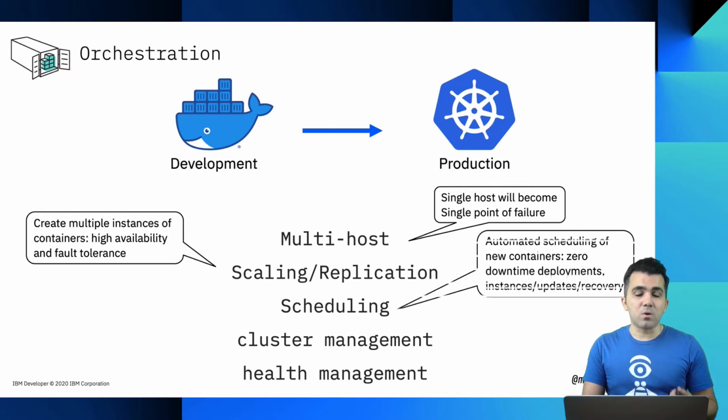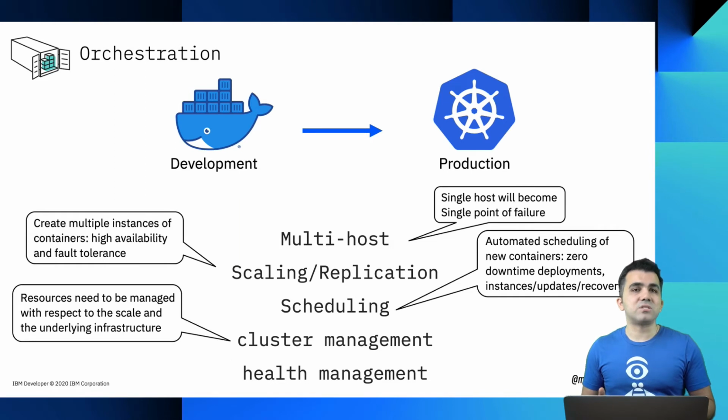Or when one or more of our services need to be updated, or let's say we are adding a new service to our mix, the orchestration platform must be able to automatically schedule new deployments and create new instances of our containers with zero downtime.